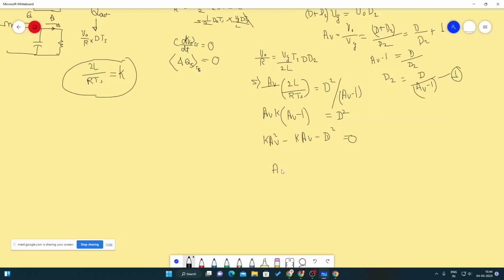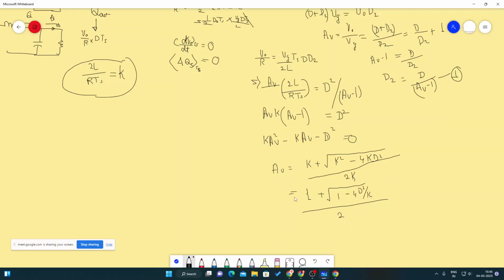So I can have AV equals K plus root over K square minus 4K D square by 2K, which equals 1 plus root over 1 minus 4D square by K, all over 2.